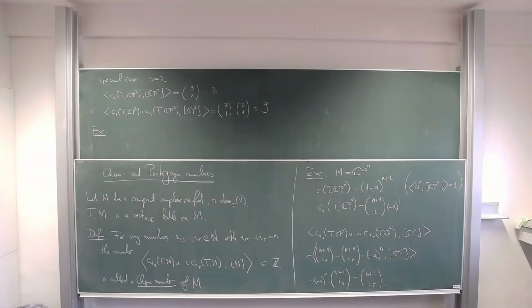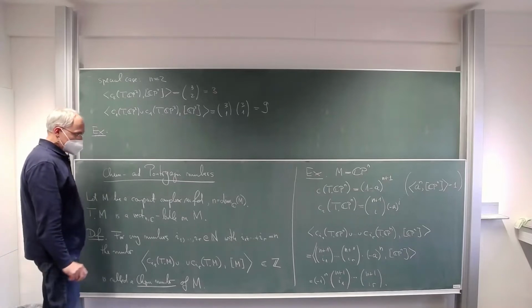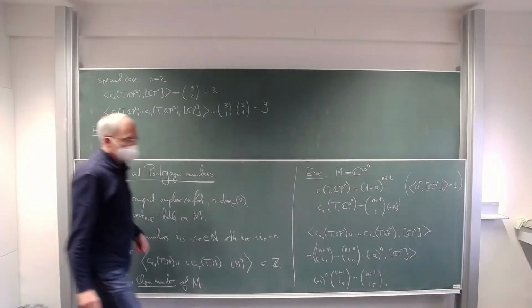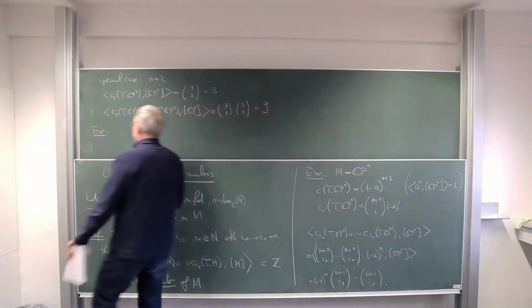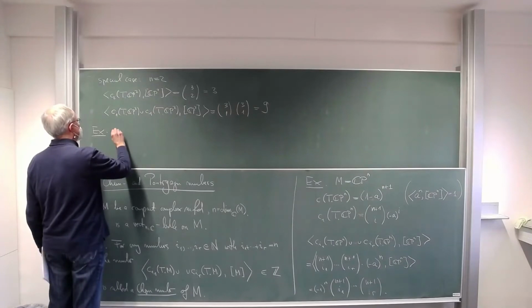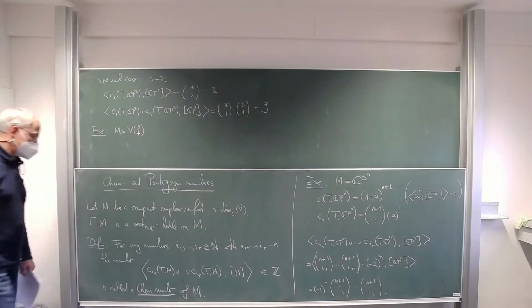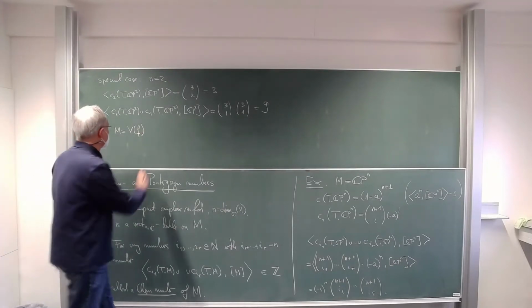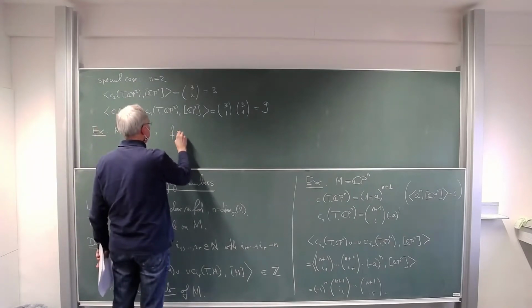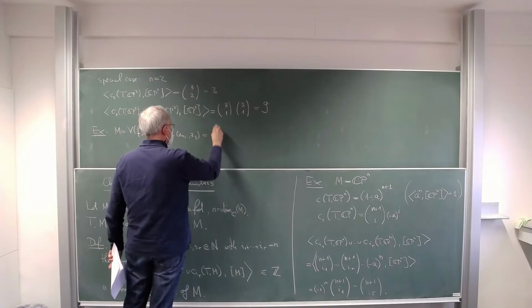An example which we had studied on the exercises in the past, namely the K3 surface, or more specifically the Fermi surface. So let me recall this for everybody. So what is the Fermi surface? So M is equal to the hypersurface of CP3 given by a polynomial equation, and the polynomial is F. And the polynomial that we are looking at is a fourth order polynomial.